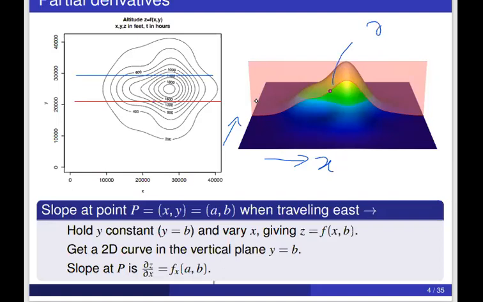The slope of the mountain along the x direction through this point is the partial of f with respect to x. And if you want to find the slope or tangent to this curve at this point, you have to substitute that point.